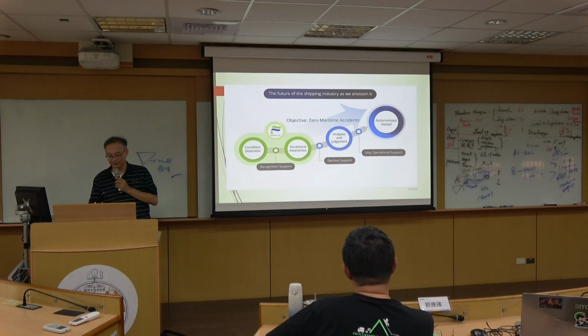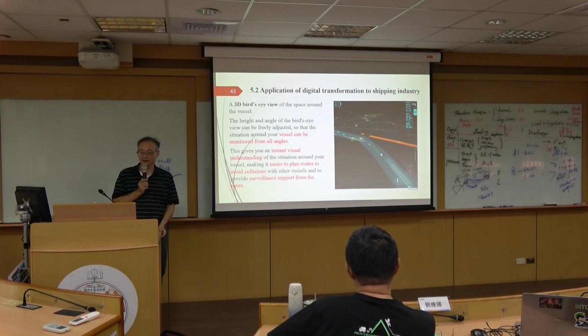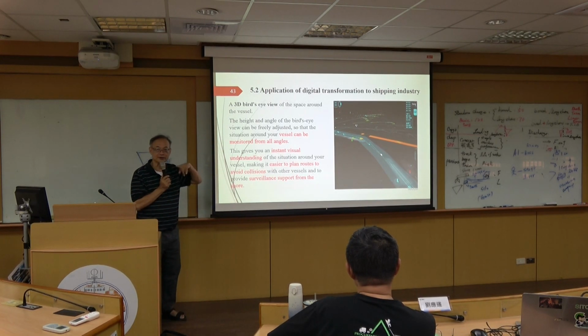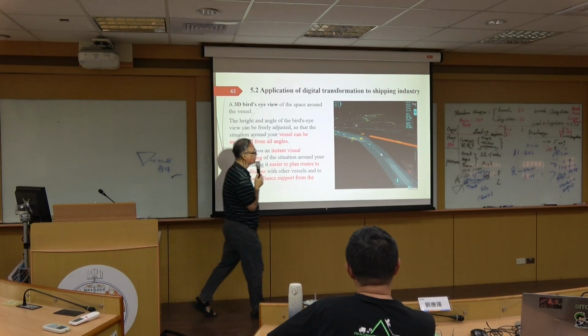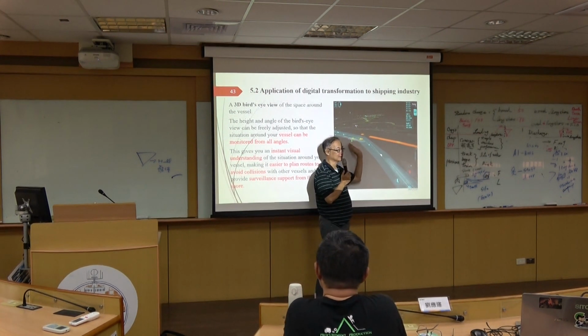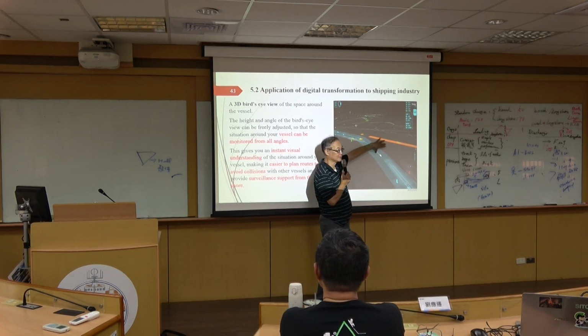Okay, and I think in Kaohsiung we also have this kind of system. Do you have it in your organization? TIPC. Okay, TIPC, right? TIPC has this kind of system. It's a smart navigation system. This represents their safety navigation route.